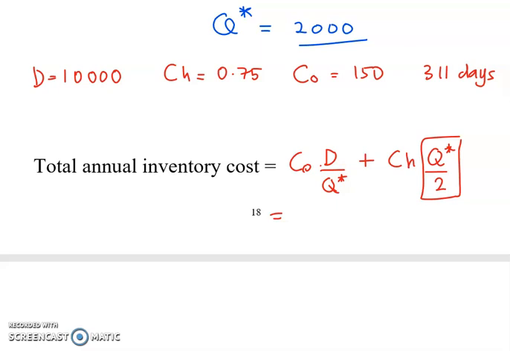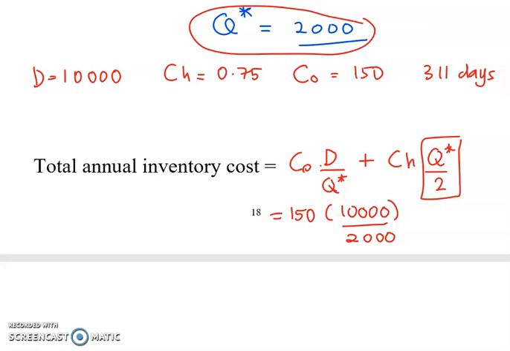In this case, we have 150 times the annual demand, 10,000, divided by 2,000. The 2,000 is the one that we have calculated earlier. This Q optimal is our EOQ, because now we know that every time we order, we should order 2,000. So our Q optimal is 2,000.